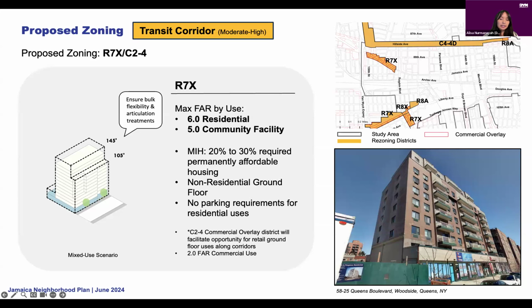These types of buildings can go up to 14 stories and typically include urban design controls to help create building shapes that better relate to the surrounding area. Similar to what we talked about along Guy R and Merrick, the increase in zoning allows us to use mandatory inclusionary housing so that any new development is required to provide some income-restricted affordable housing, and that we don't get situations where only people with high incomes can live near these valuable resources.